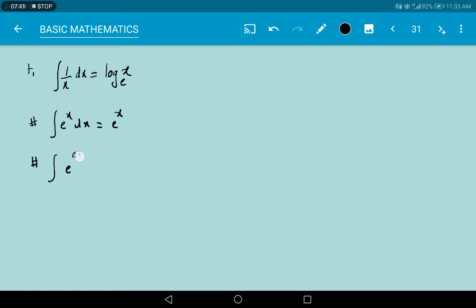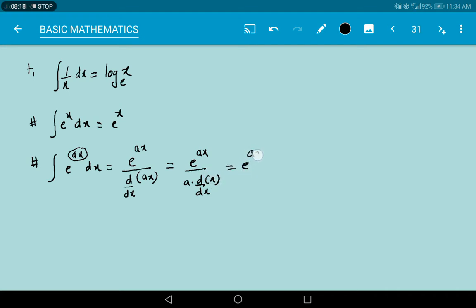Integration e to the power of ax dx. If ax is given, we should first write the function as it is. Integration e power x dx gives e power x, but in the denominator we have to differentiate, so d by dx of ax equals a into d by dx of x.